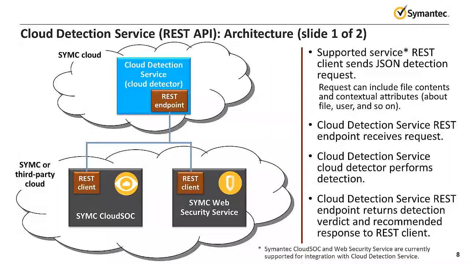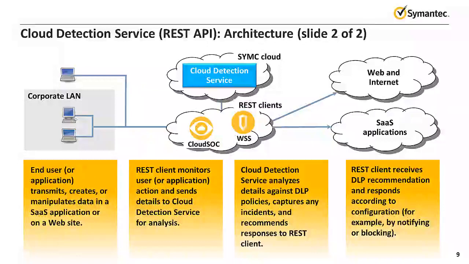CloudSOC analyzes traffic against rules specified in the application detection configuration, and if the parameters match, CloudSOC forwards the file contents to the Cloud Detection Service, which stores all DLP policies specific to cloud applications and cloud-based web scanning. If a policy is matched, an incident is created, and the Cloud Detection Service tells CloudSOC which action to take. For more information, please refer to the lesson Preventing Unauthorized Exposure of Confidential Data, previous in this course.